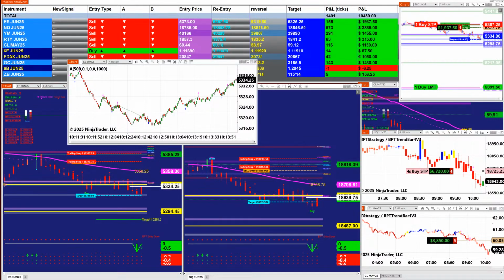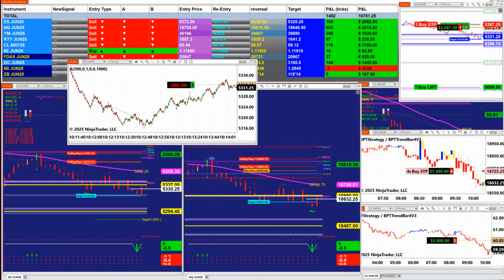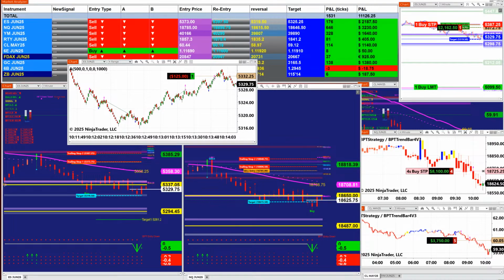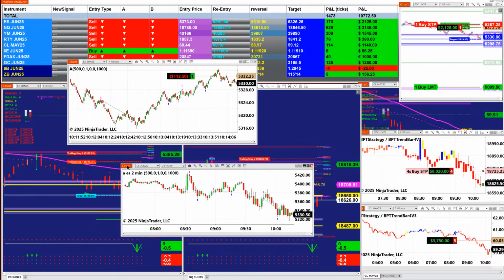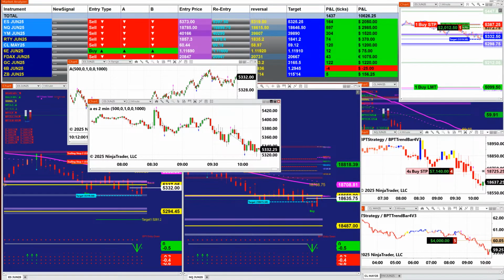If you want to, you can use the 5 minutes. It is not aggressive. Or if you want to, you can use the 2 minutes. You can see on the 2 minutes, it took only 3 trades, and the 5 minutes has not taken a trade yet.